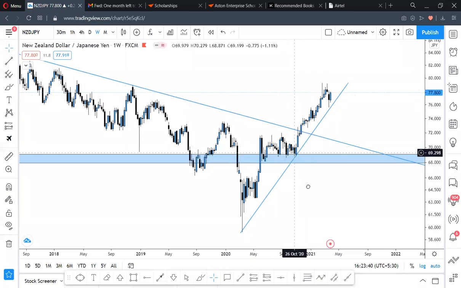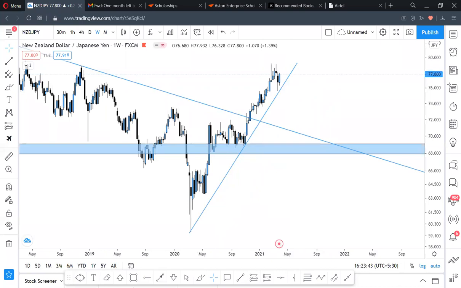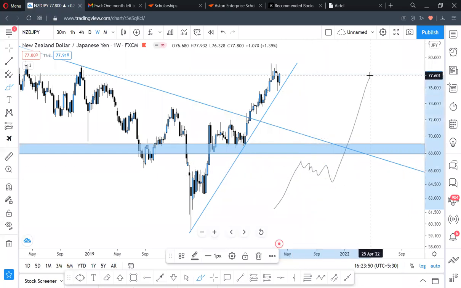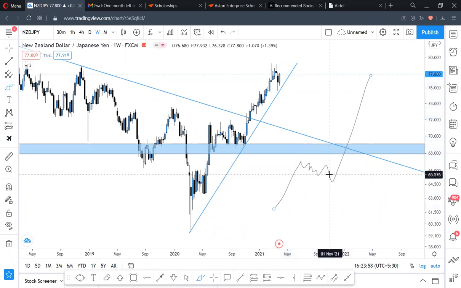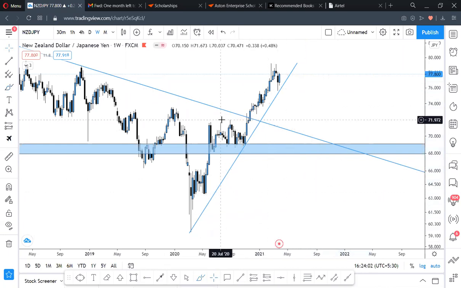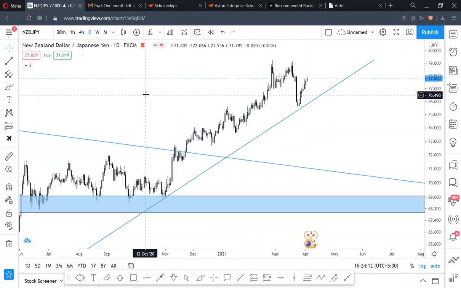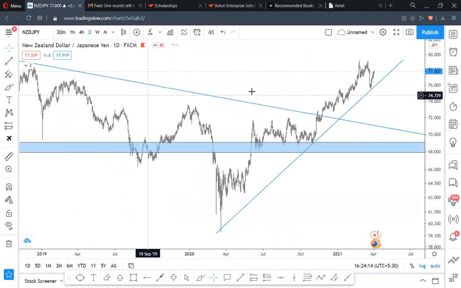And this is one of the impulsive moves that I showed you, that whenever we are in an uptrend, this is what we want to see. So this is an example of it. We can clearly see we are in a bullish trend. That's the current direction. Let's go to the daily as well and see what is happening over there.